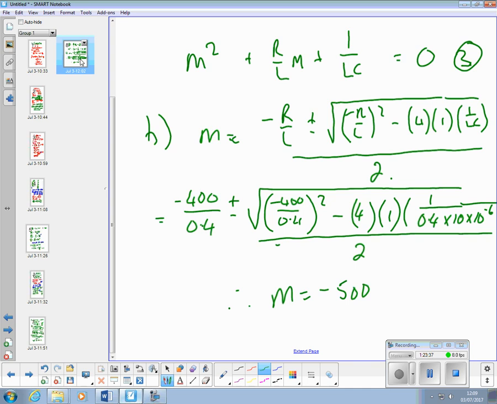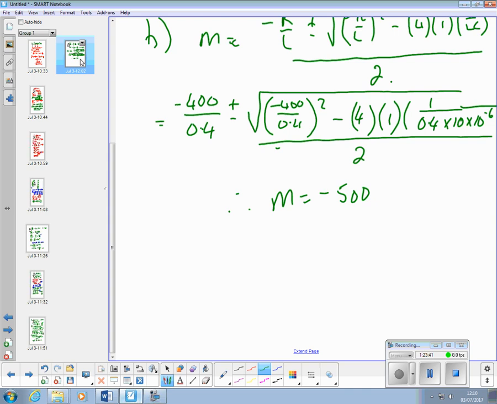Therefore, general solution is that i is equal to (at plus b) e to the minus 500t. 4 marks for getting to there.